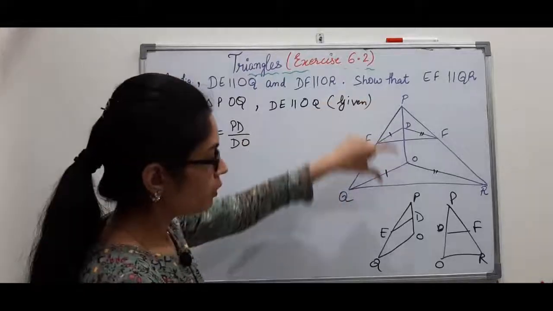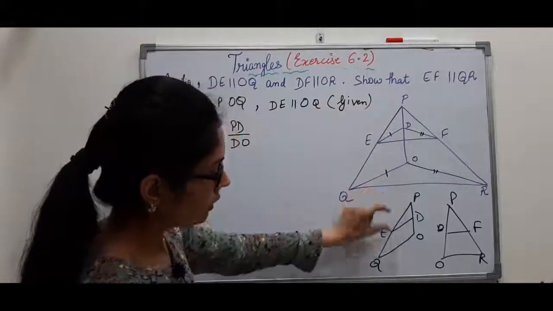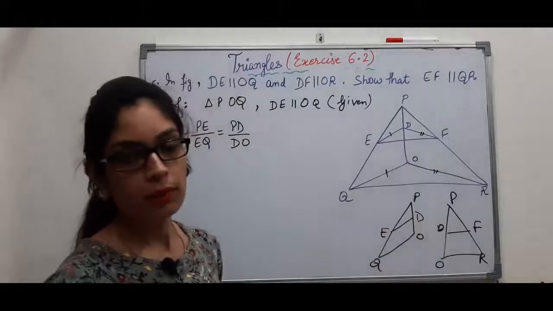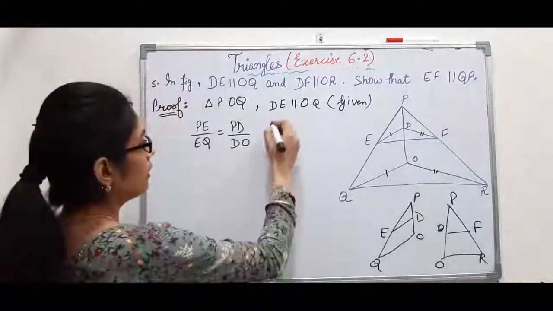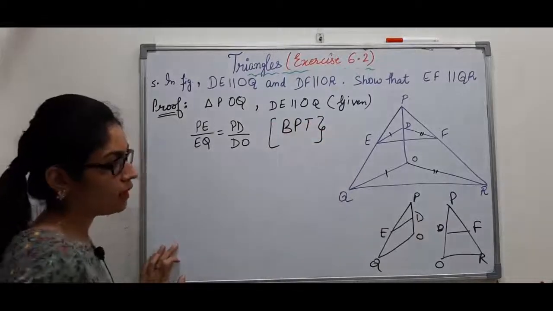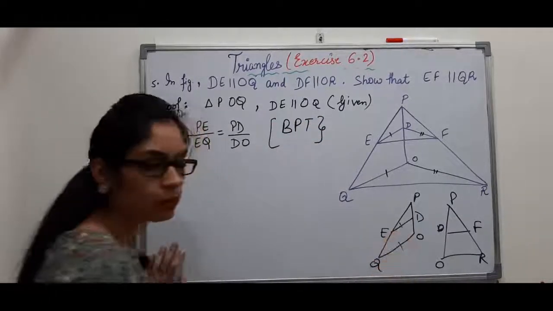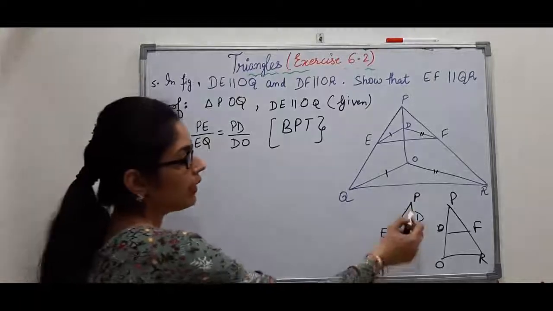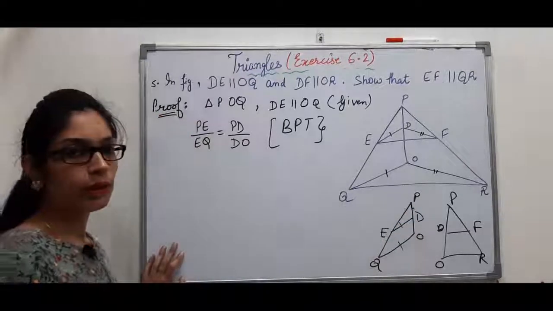See, basic proportionality theorem: this over this, this over this, because the sides are in the same ratio. Because of the basic proportionality theorem, if this line is parallel to this line, then the other two sides of the triangle will be in the same ratio.